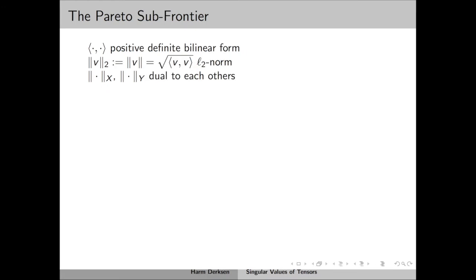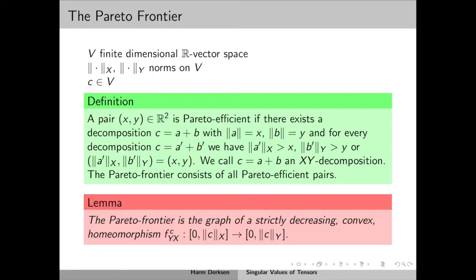I should also point out, if we have such an optimal decomposition that's Pareto efficient, then we call it an XY decomposition. And this graph that shows the trade-off between the x norm of A and the y norm of B is called the Pareto Frontier.